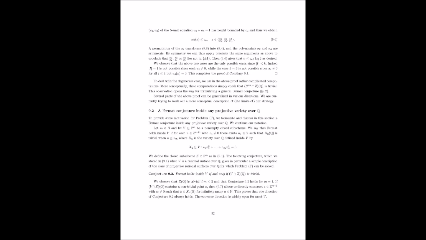They looked at equations of the form a0 times x0 to the n plus a1 times x1 to the n and so on up to am times xm to the n equals 0, where those x's are our icosurface variables. So it's like we're taking the basic structure of Fermat's equation and transplanting it into this ICO world. So what did they discover?